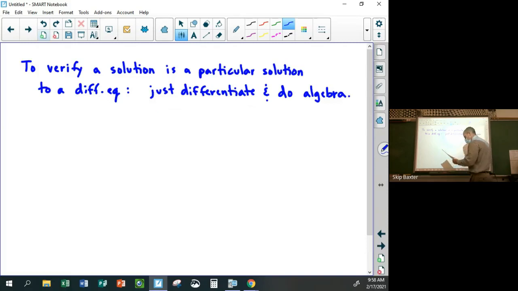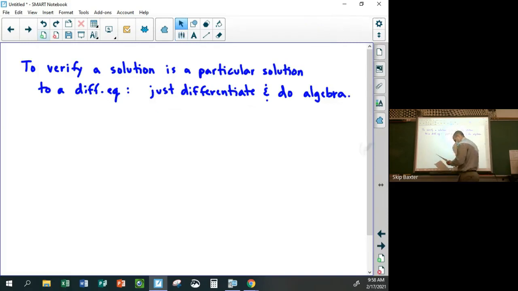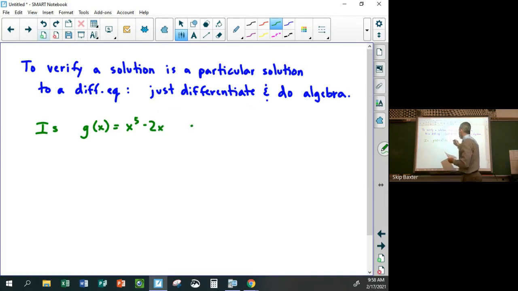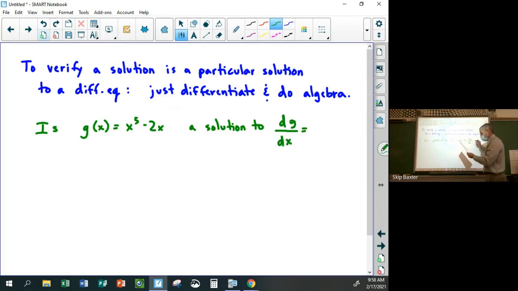For example, suppose I have something like, is g of x equals x to the fifth minus 2x a solution to dy dx equals 2x plus 5y over x.